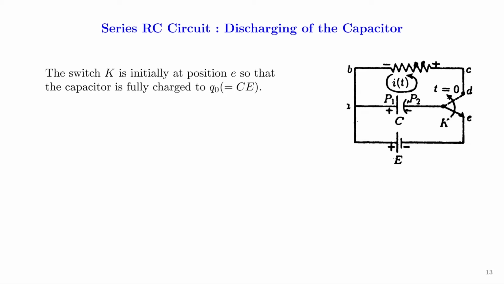Therefore, we consider a circuit that consists only of the capacitor and the resistor, and this can be achieved by means of the switch K. The switch K is initially at position E so that the capacitor is fully charged to Q0 equal to C times E. The switch is then moved quickly from position E to position D at time t equal to 0.